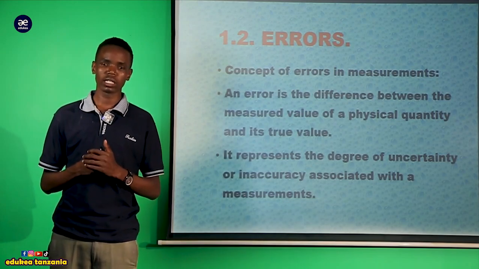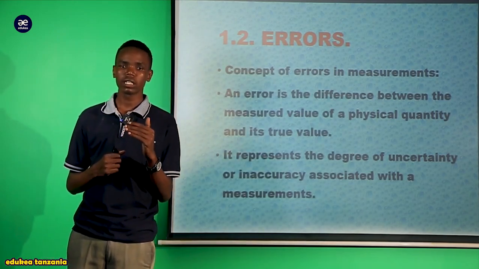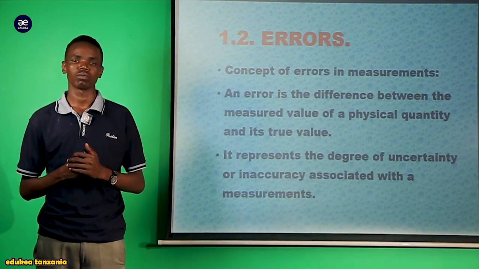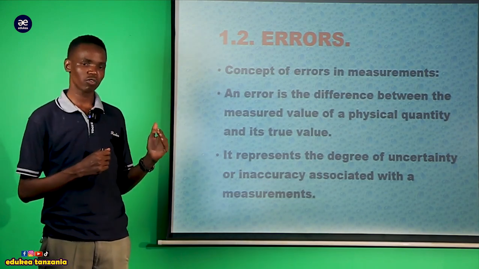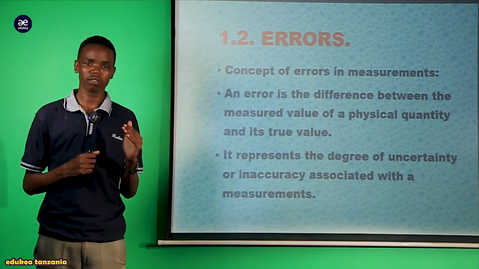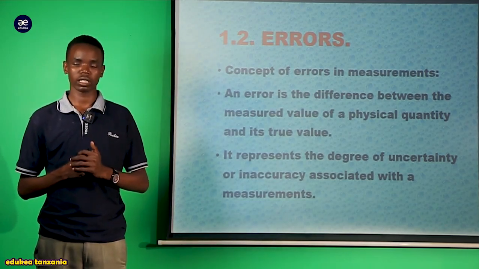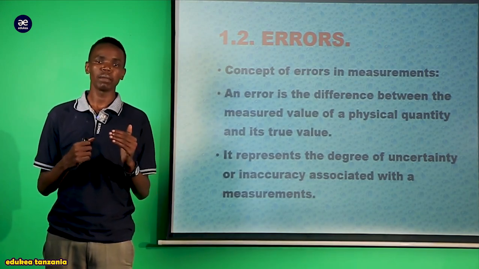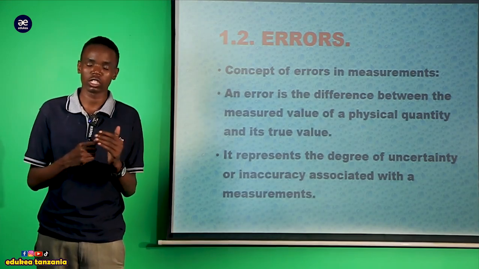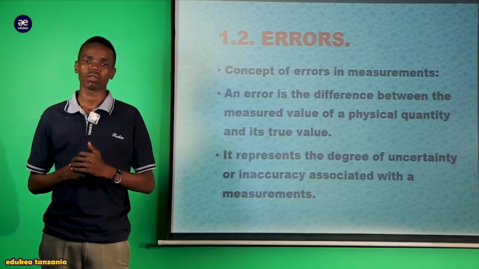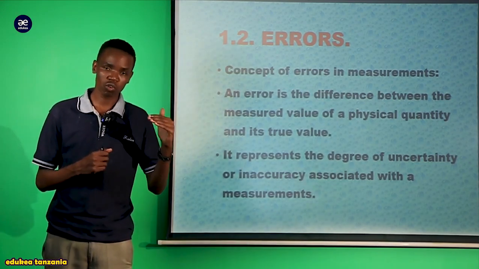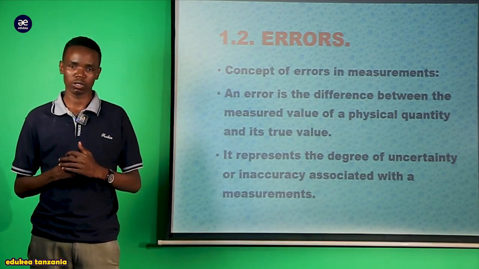Or sometimes we can say that the error is the difference between the actual value and the measured value. If we take the true value minus the measured value, we obtain the value of the error. Now, the error means the mistake that occurs during the experimentation or during the measurements. This makes a difference between the true value and the measured values.